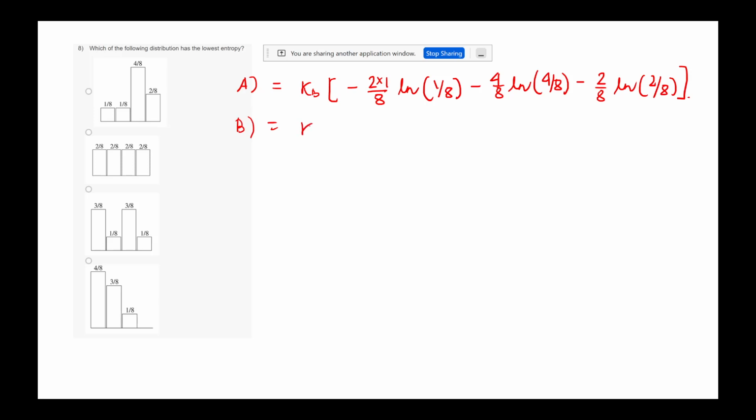Option B, kB times: minus 4 times 2 by 8 ln 2 by 8.